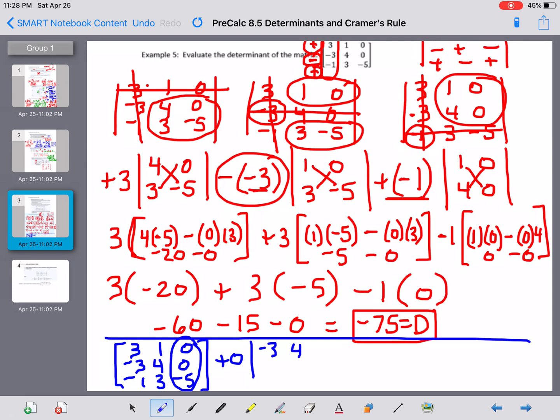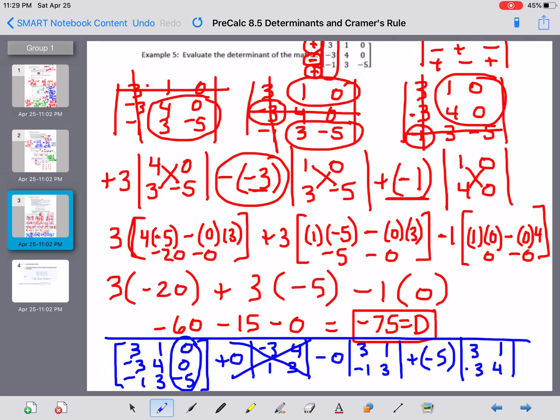My second element is going to be a -0, and its remaining elements are going to be 3, 1, -1, 3. And finally, the last one is a -5, and it has a positive value. And its remaining are going to be 3, 1, and -3, 4. Well, this one's not going to matter. I'm multiplying by 0. This one's not going to matter. I'm multiplying by 0.